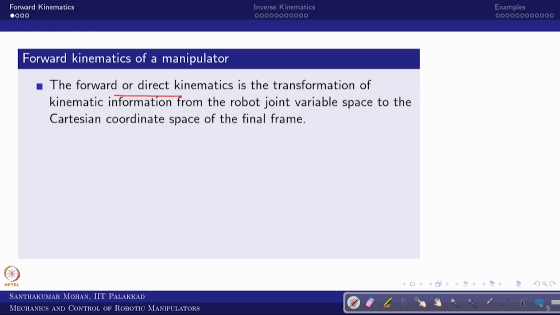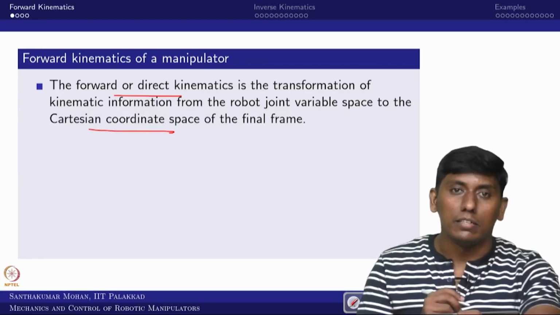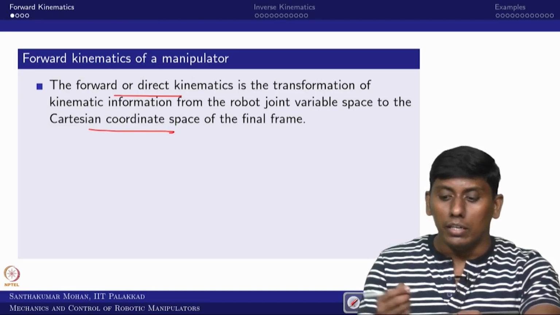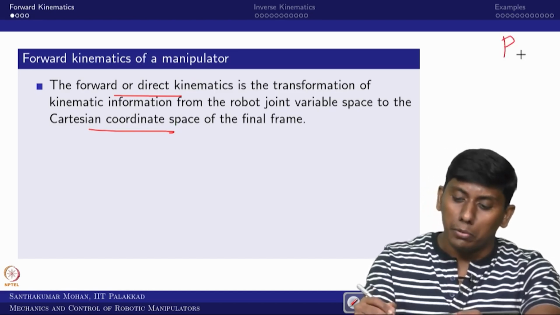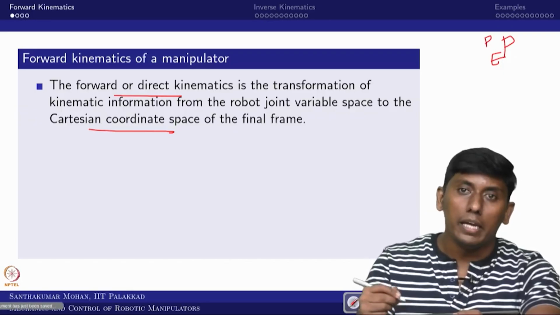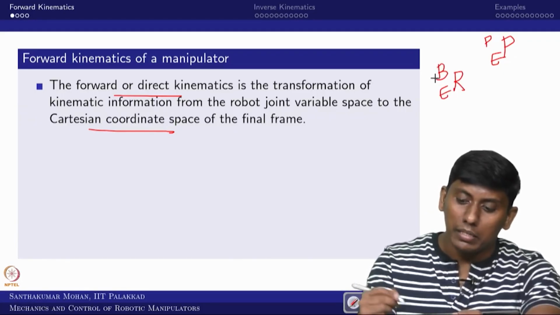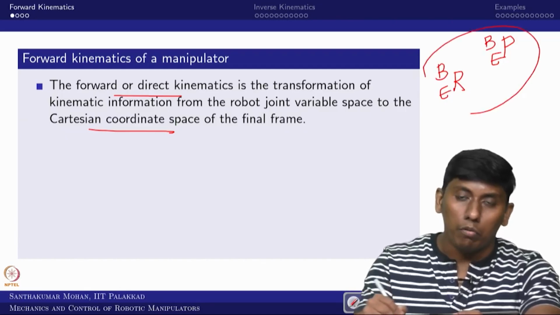This we have already explained more and more. What exactly are we trying to find out? We are trying to find out the Cartesian coordinate space information, in the sense the position vector of the end effector or the tool with respect to the base, and the rotational information of the end effector with respect to the base.